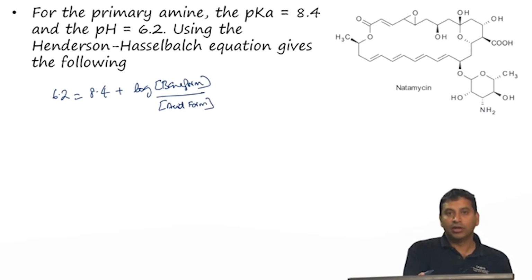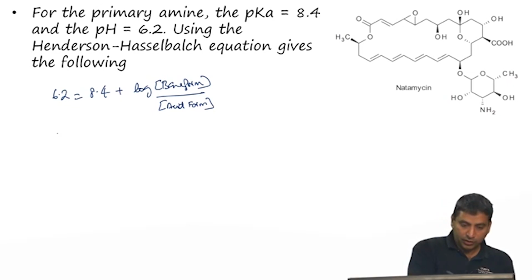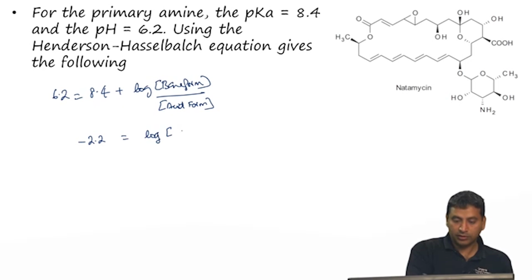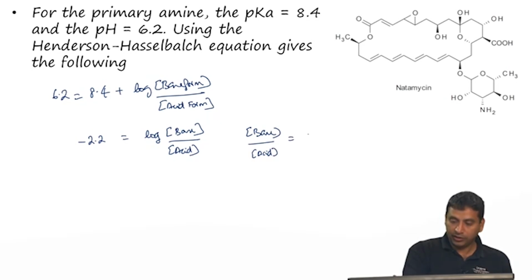Now if you look at this number, 6.2 minus 8.4 is minus 2.2, that is nothing but the log of base divided by acid. And if we take the antilog of this number, you get the concentration of base by acid to be 0.0063.